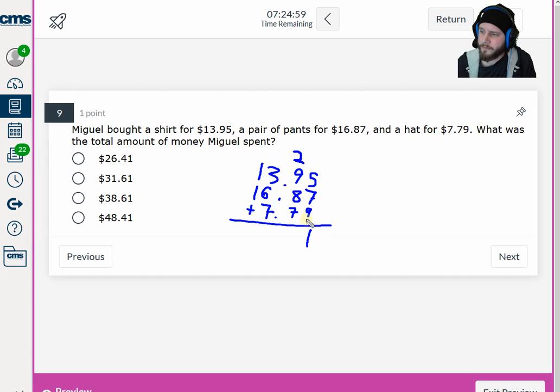Carry my 2. 2 plus 8, I'm going to go out of order. 2 plus 8 is 10, plus 9 is 19, plus 7 is 26. So write my 6, carry my 2. Put my decimal there. My decimals should be lined up. They're a little lopsided. 2 plus 3 is 5, plus 6 is 11, plus 7 is 18.